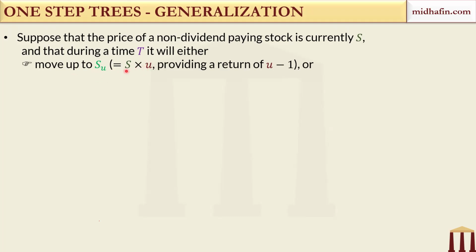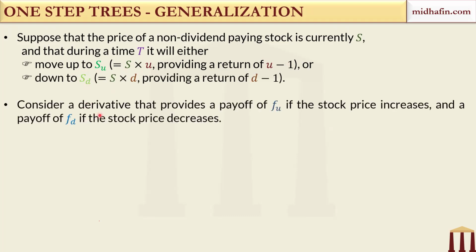So obviously if it is S times U, say for example, if it goes up by 30%, then U will be 1.3. So obviously the return will be 1.3 minus 1, which is 30%. Okay. So either it can go up or it can go down.